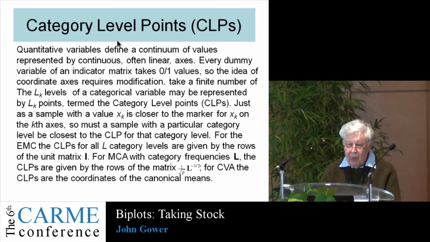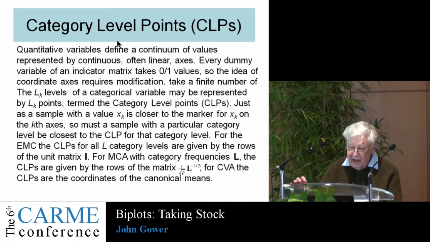And you can work out a distance that way and approximate it by some form of multidimensional scaling. If you choose chi-squared distance, this is on the indicator matrix, you will get the chi-squared distance mapping.